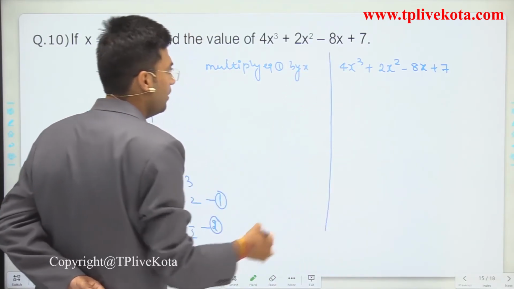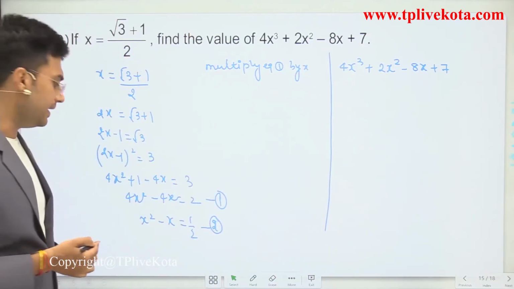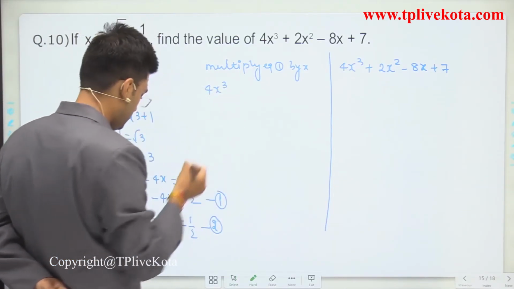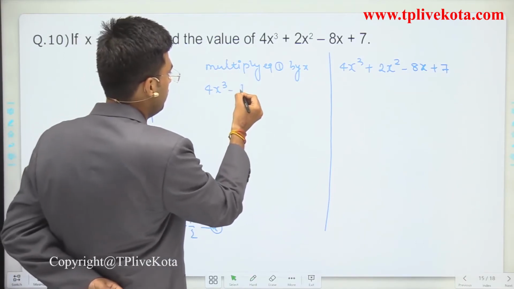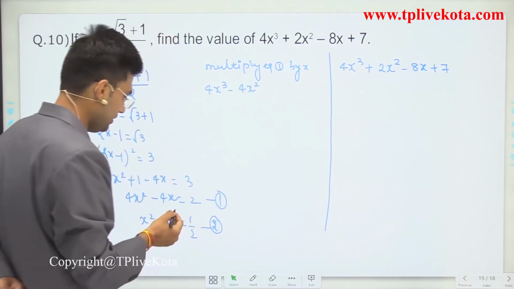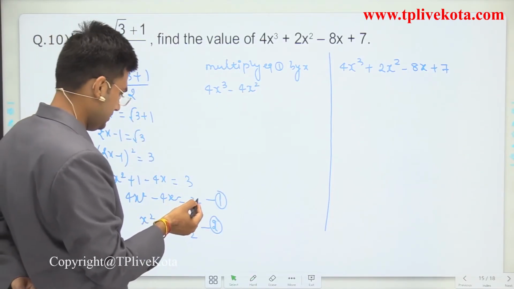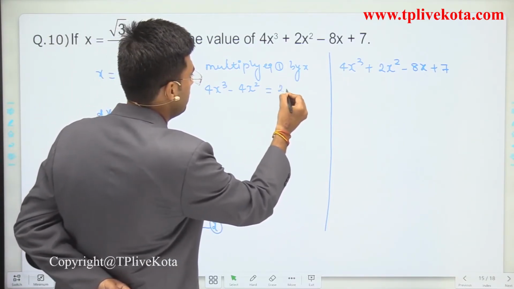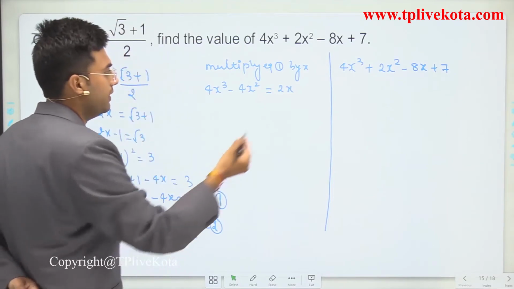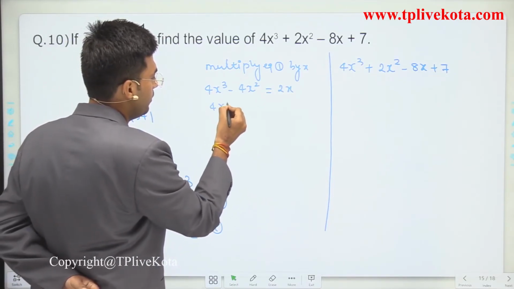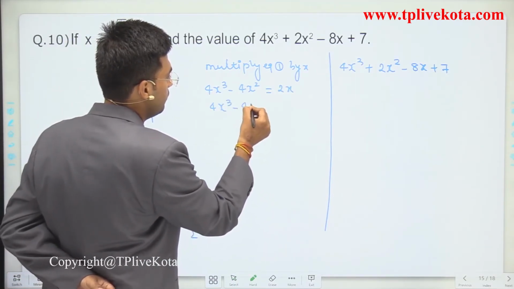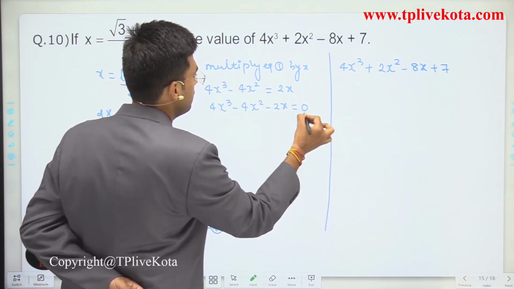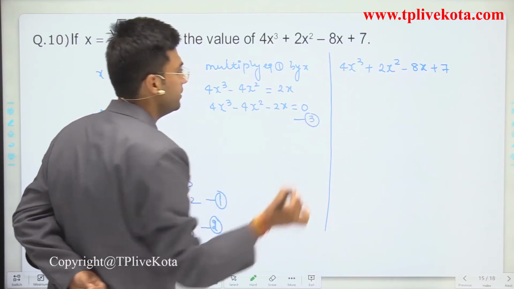When we multiply equation 1 by x, what will we get? We will get 4x cube minus 4x square minus 2x equals to 0. Let this be equation 3.